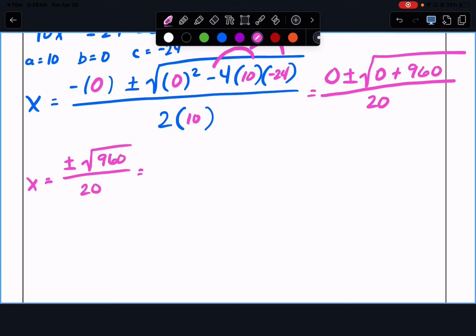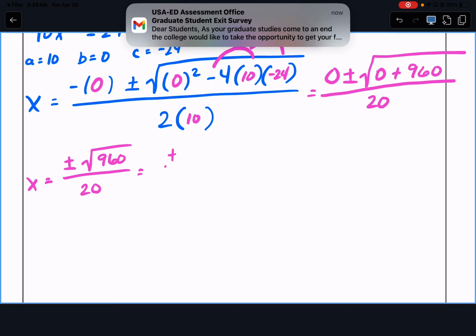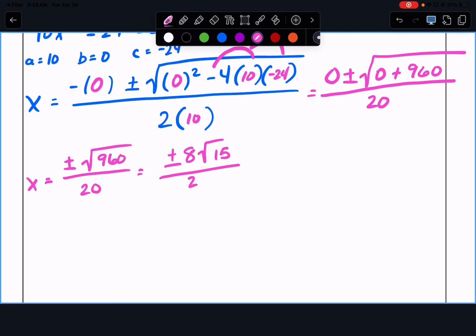Now, if you type the square root of 960 into a calculator, it gives you what? A decimal, yeah. Now, if you use a slightly dumber calculator, like this one, 8, and then square root 15. So we have positive negative 8 times the square root of 15 divided by 20.